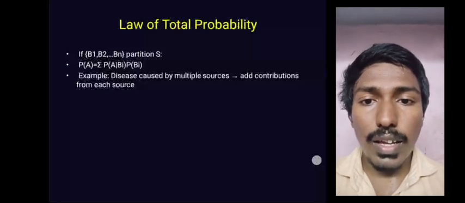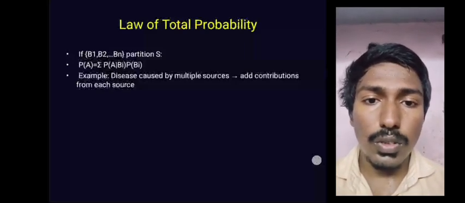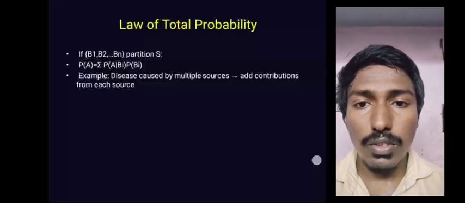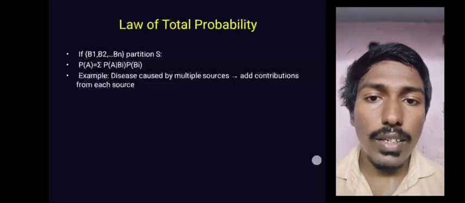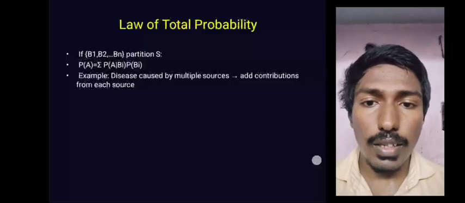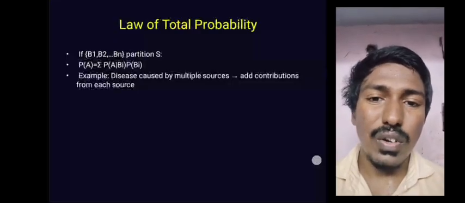It is used when a disease is caused by multiple sources, with the contribution from each source. When partitions are given, we multiply them and sum to get the total probability.